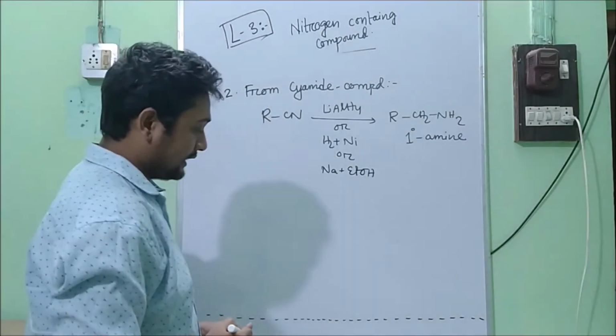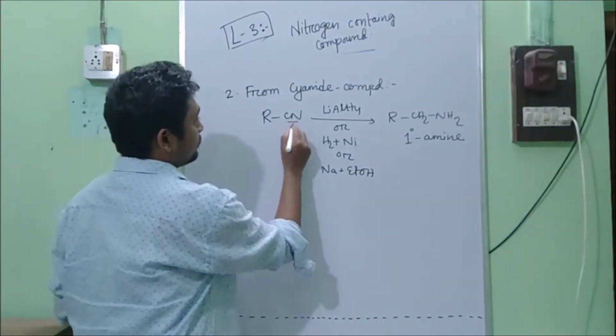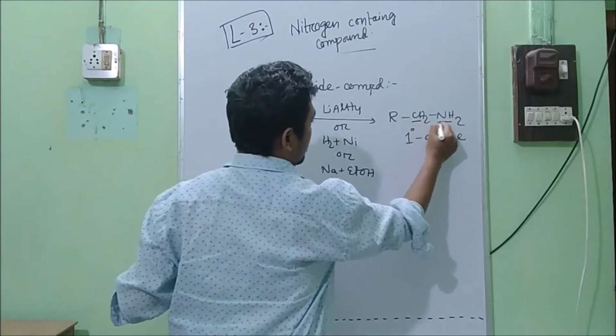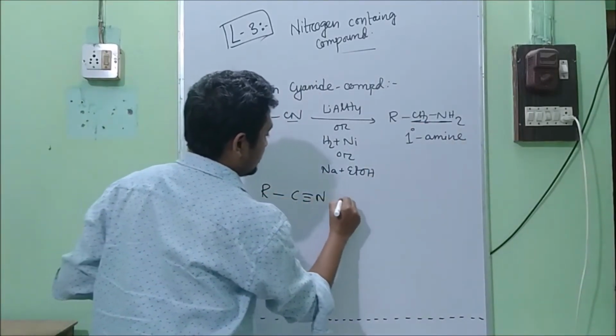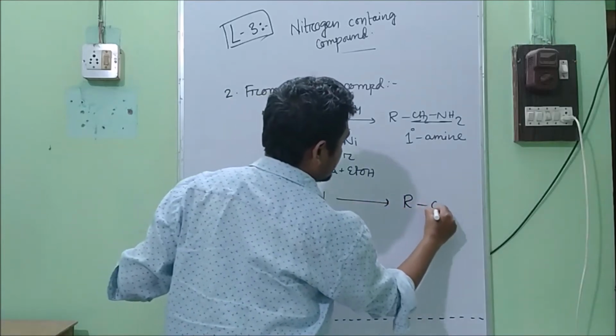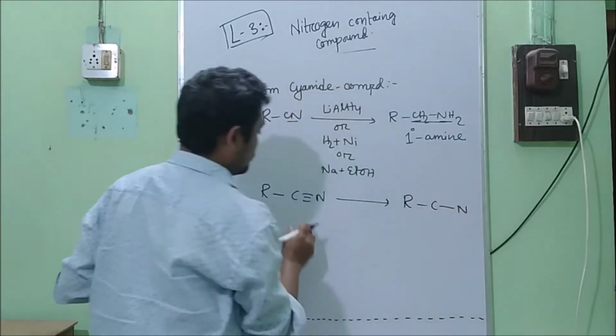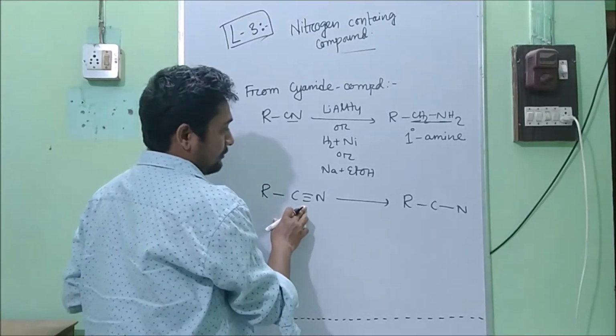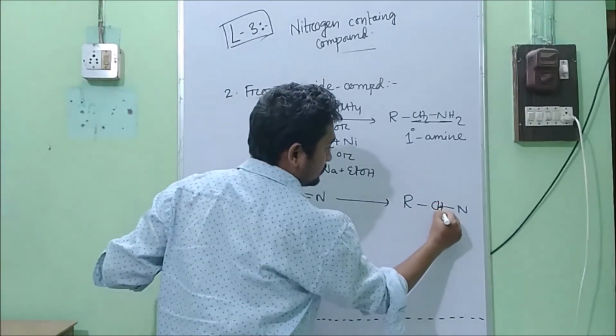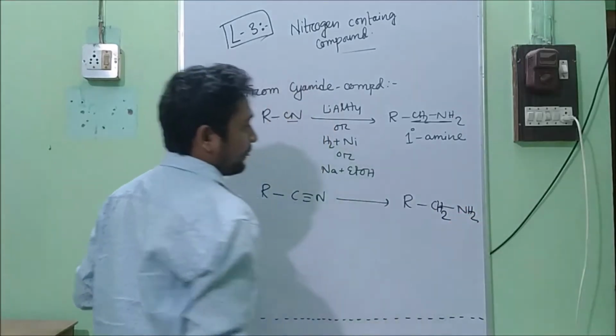All are reducing agents. So this CN group will convert into CH2NH2 group. See, C triple bond N, and on reduction I remove the pi bond and now I will add hydrogen to both of them.